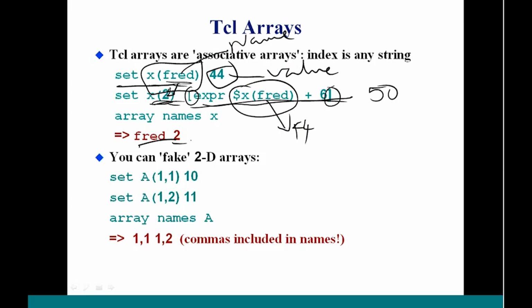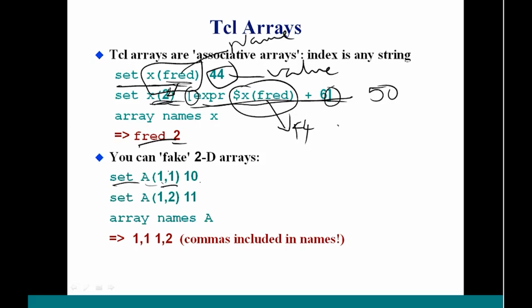So using this principle, we can actually fake two-dimensional arrays. We don't need to construct a two-dimensional array, but we can construct a single-dimensional array and then fake it as a two-dimensional array. How do we do it? Here is an example. So here we say set A(1,1) as 10.